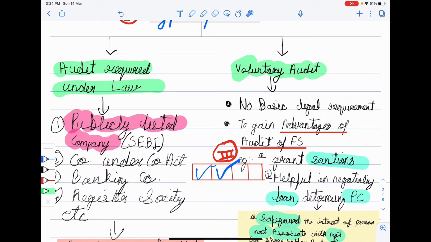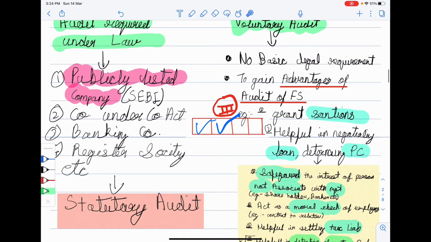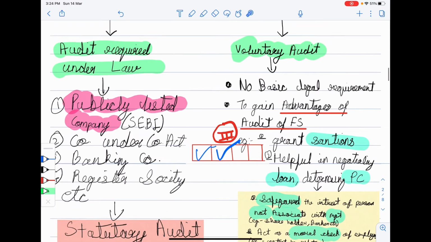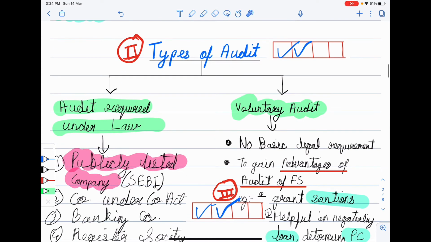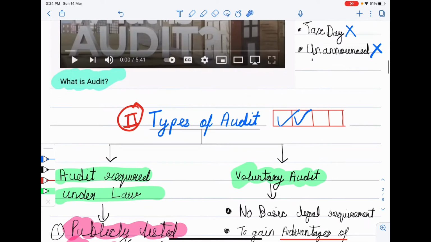For example, companies under the Companies Act, banking companies, registered societies, etc., need to compulsorily perform statutory audit under law. Whereas in voluntary audit, there is no legal requirement for a company to perform audit, but the company performs audit in order to get the advantages of audit of financial statement. So we have learned these two answers.